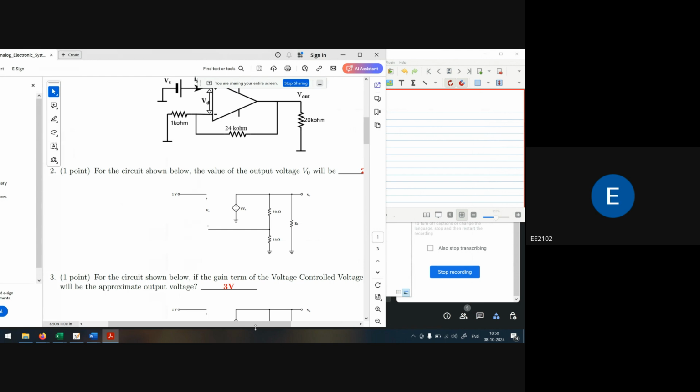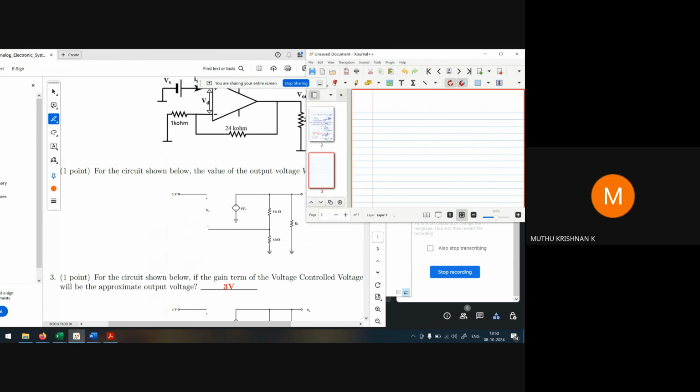Question number 2. How do we solve this question number 2? 4 by 12 of V not equals 6Vx.